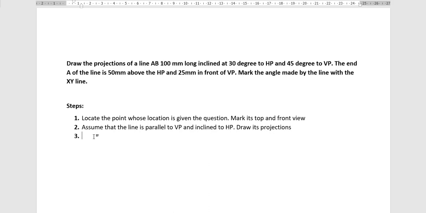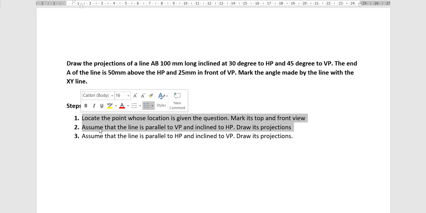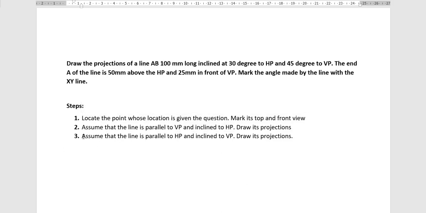The third step would be to assume that the line is parallel to HP and inclined to VP and draw its projections. So we have completed till the second step right now, and we will do what the third step says.